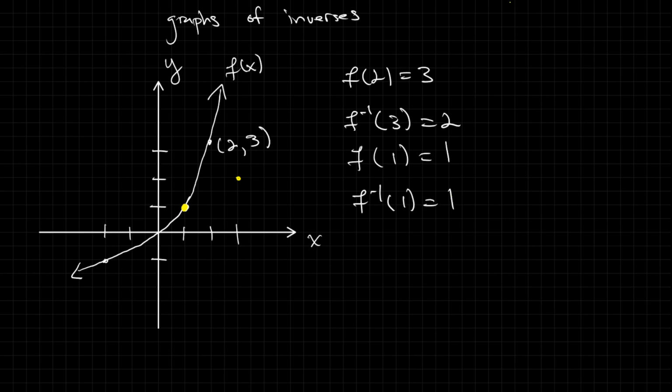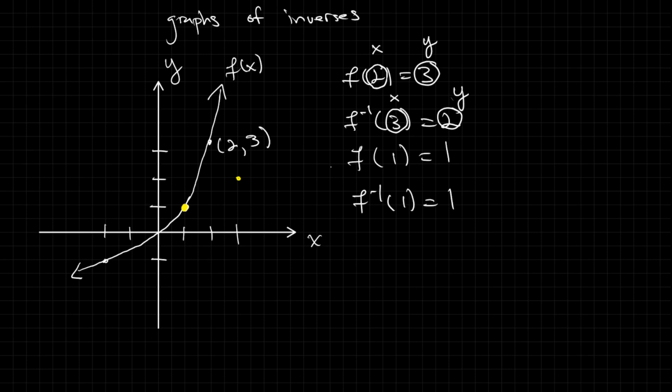To shortcut this a little bit, notice that this 2 was the x-coordinate and this 3 was the y-coordinate. And what happened was that the y-coordinate became an x-coordinate for the inverse, and that x-coordinate became a y-coordinate for the inverse.